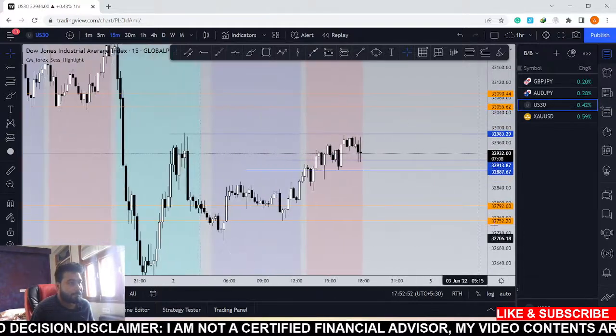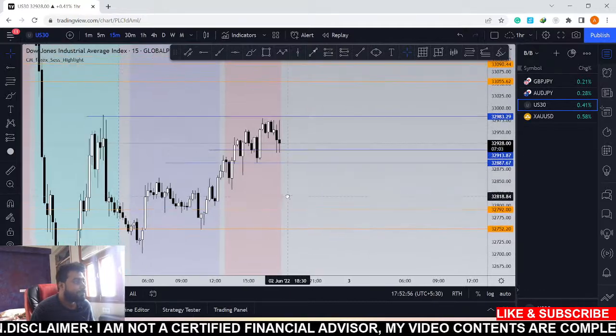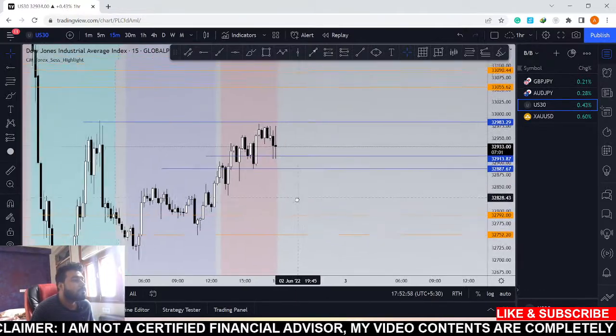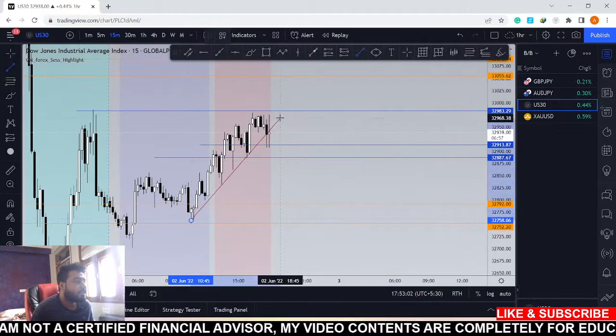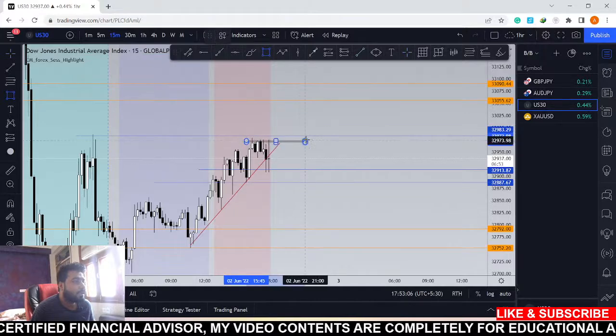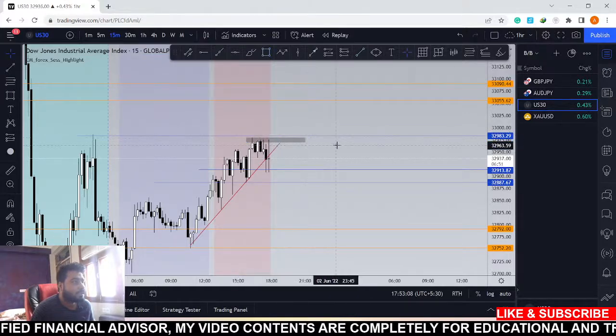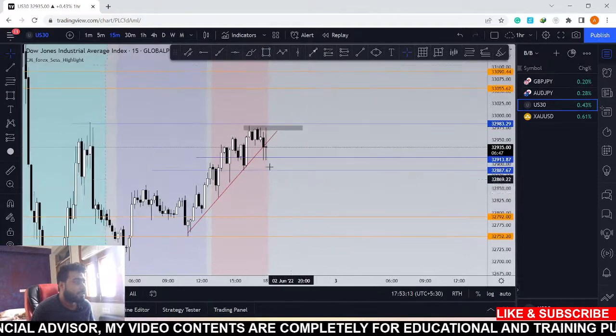15 minute, we have marked our zones. 15 minute, we are having some sort of trend line resistance. We are not having some clear resistance. Here we have a clear resistance. Otherwise, we are having some sort of trend line resistance.